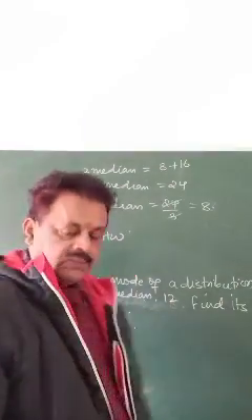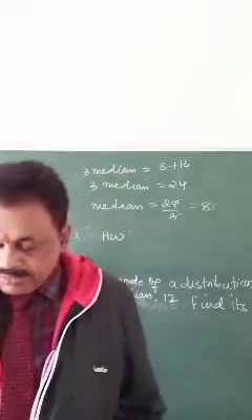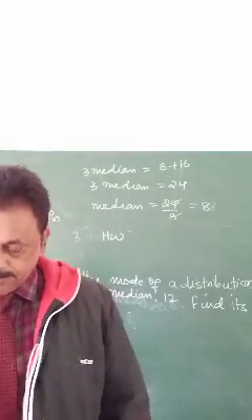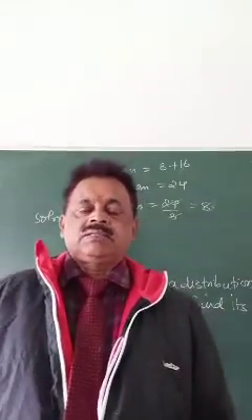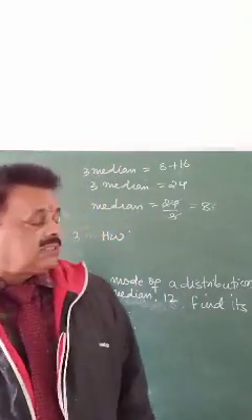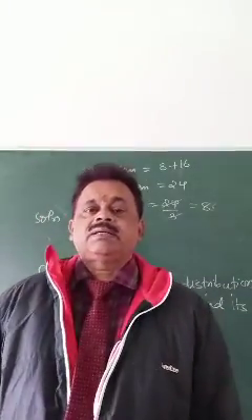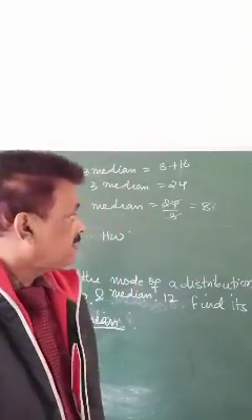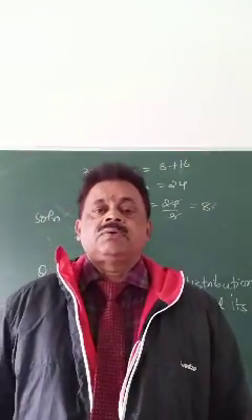Okay, so complete this. Something remaining is left out, that is graphical representation, that is ogive. Find the median through the graph. How to find median? So less than ogive, more than ogive.